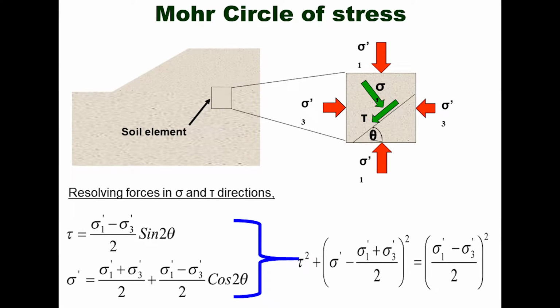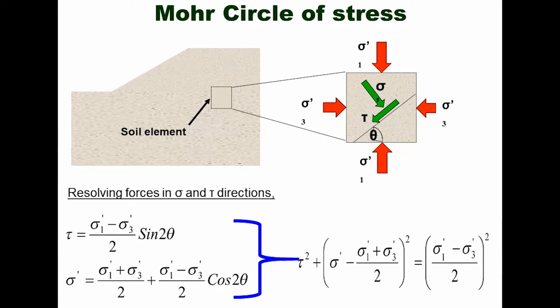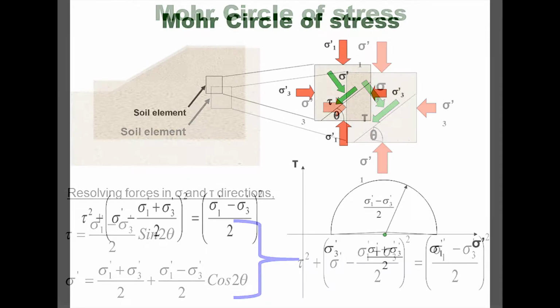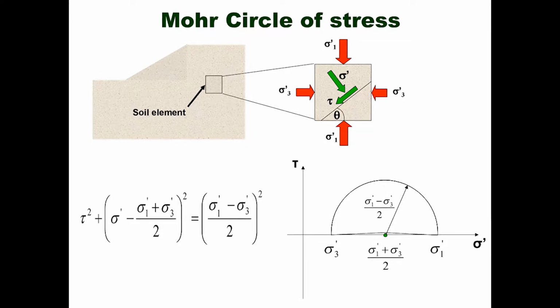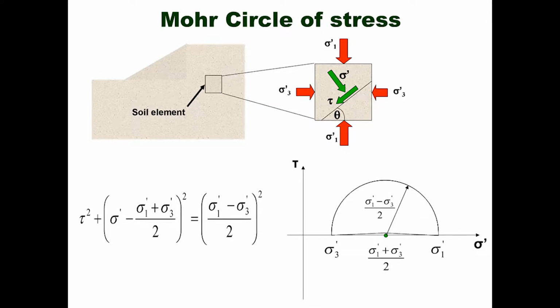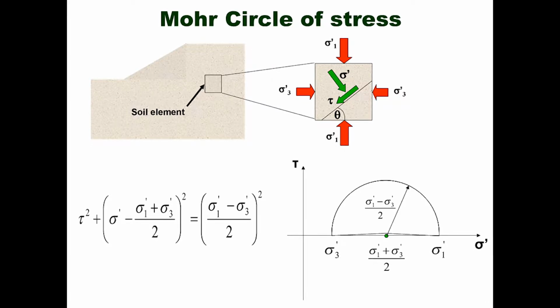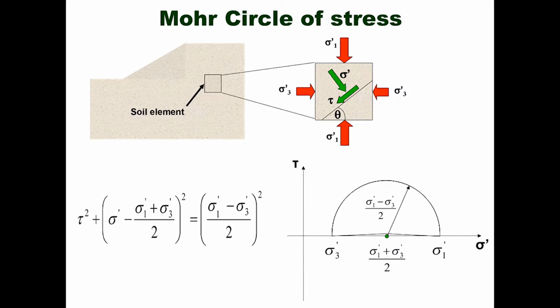That leads to an equation which gives the circle. The Mohr circle of stress equation is tau squared plus sigma dash minus sigma 1 dash plus sigma 3 dash by 2, whole squared, is equal to sigma 1 dash minus sigma 3 dash by 2, whole squared. That is the equation of a circle.